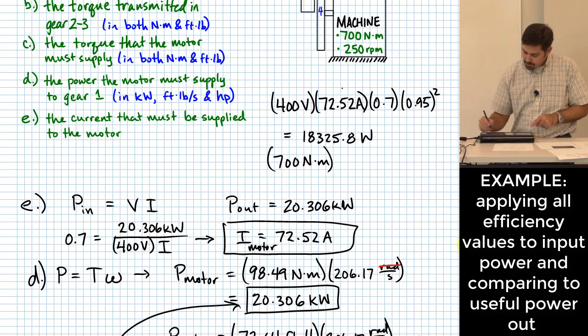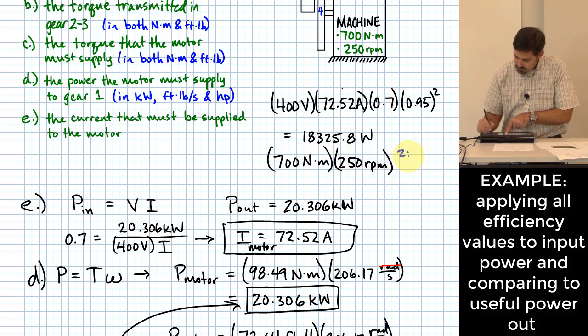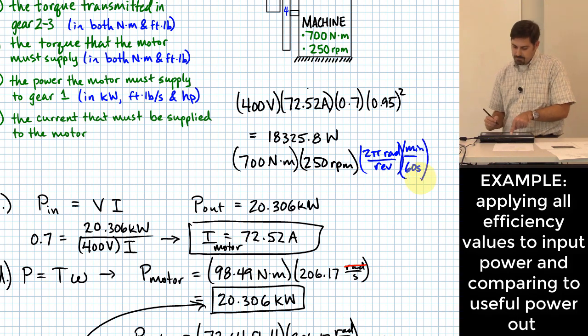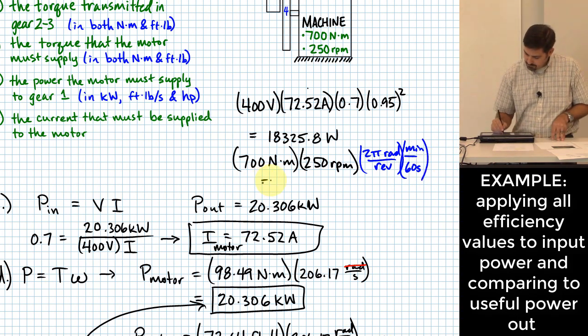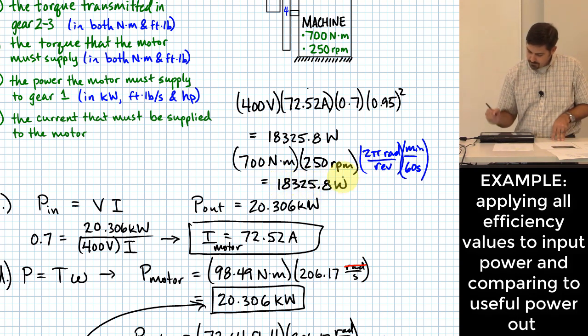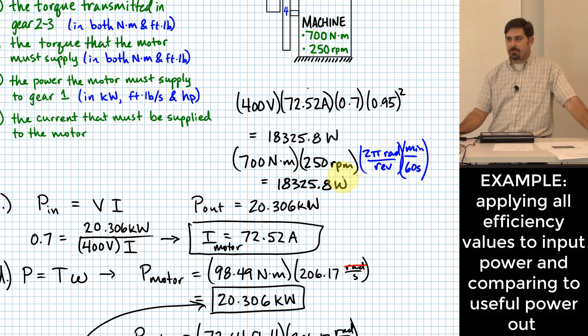Anyway, we'll have to do a conversion. 700 Newton meters times the 250 RPM times 2 pi radians per revolution times a minute per 60 seconds. Yeah, we may have had some round off here or there to make them a little bit different.